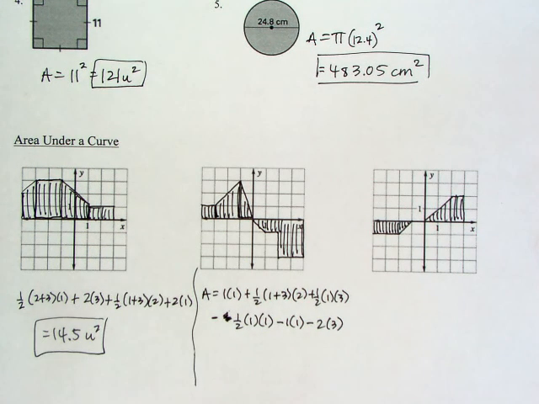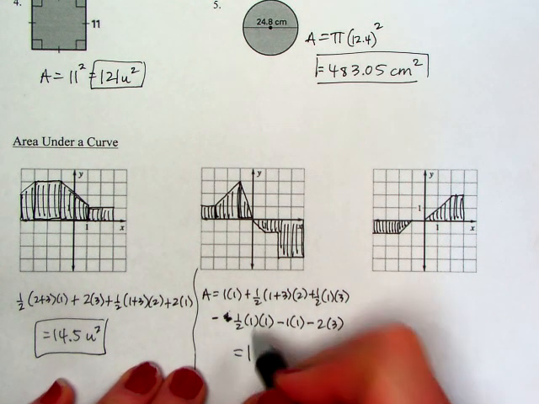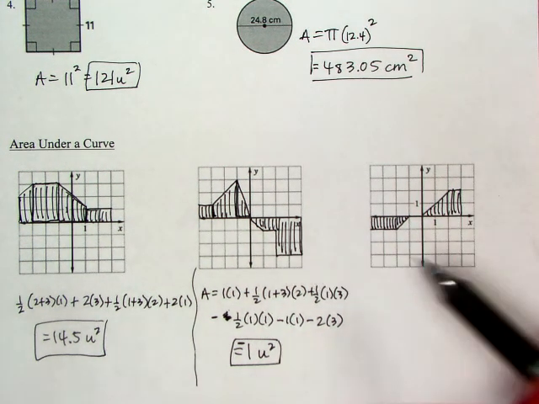Putting all of that together, I end up with -1 units squared, negative, for my area. So there's a little bit more below than there was above.